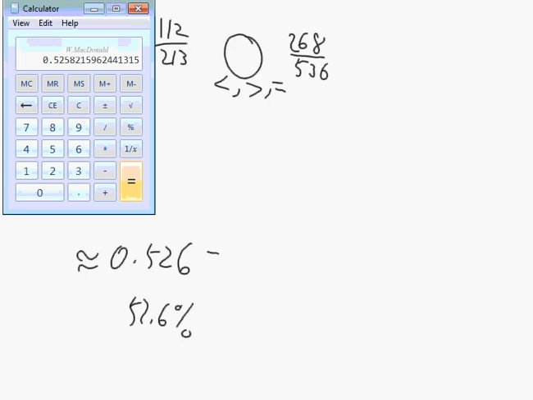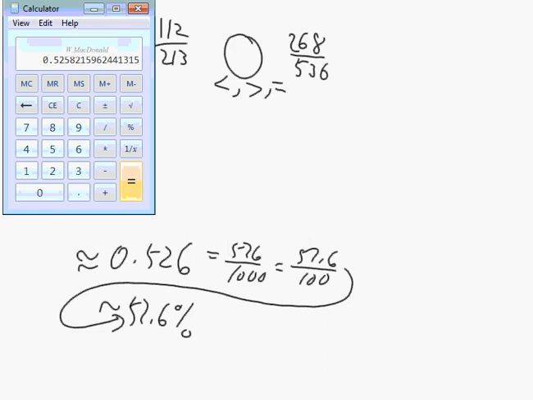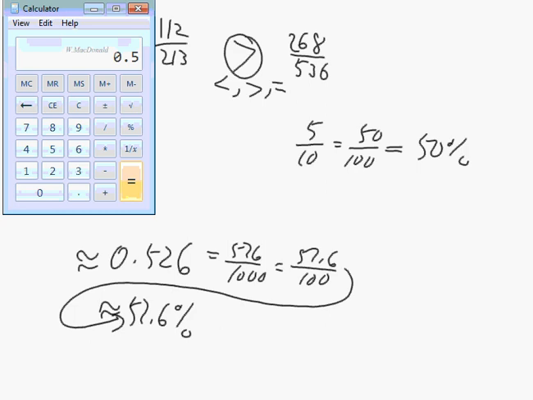And we know that because it's 526 thousandths, which is equal to 52.6 hundredths, which is approximately 52.6%. The next one, 268 divided by 536, is exactly 0.5 or 5/10, which is 50 hundredths, which is exactly, not approximately, 50%. So which one's larger, 52.6% or 50%? The answer is this is your largest.